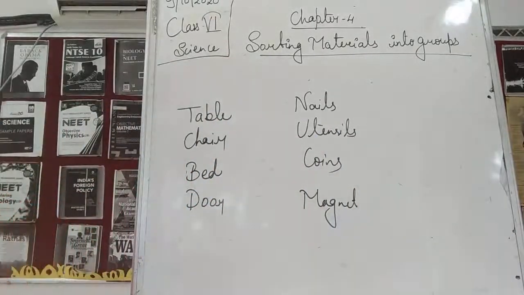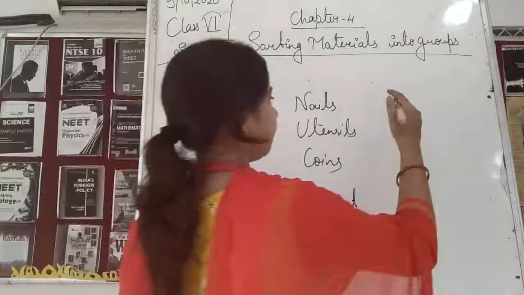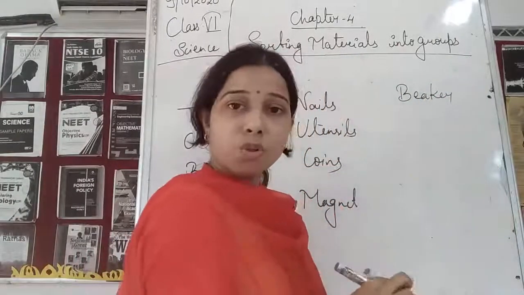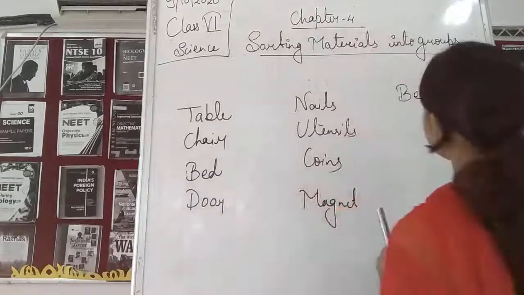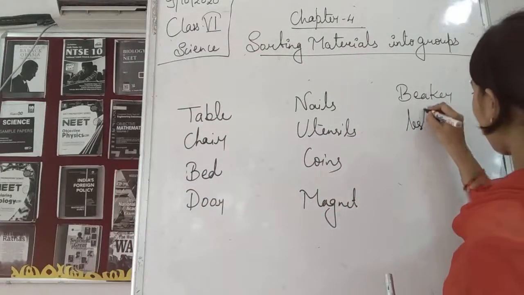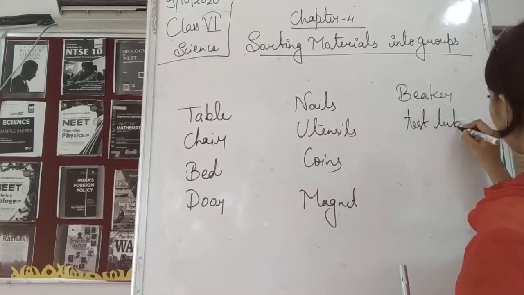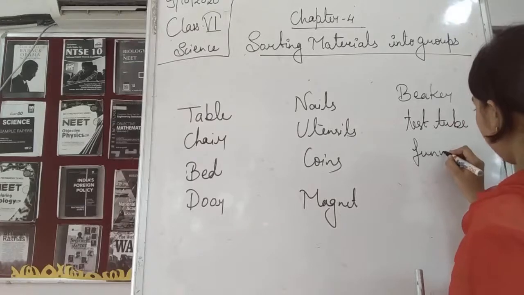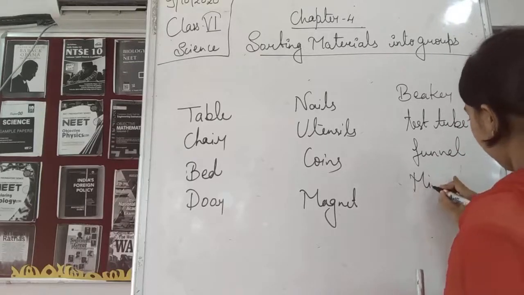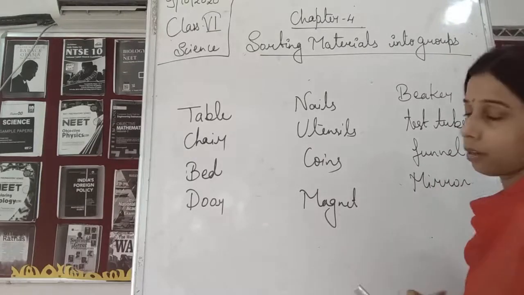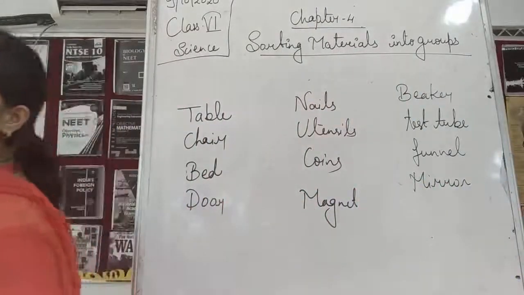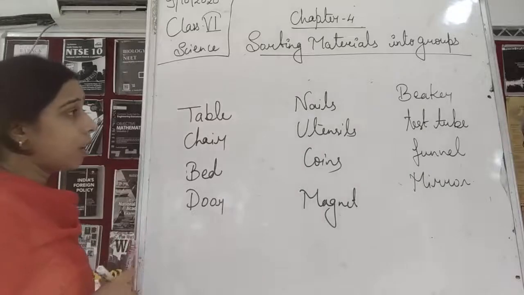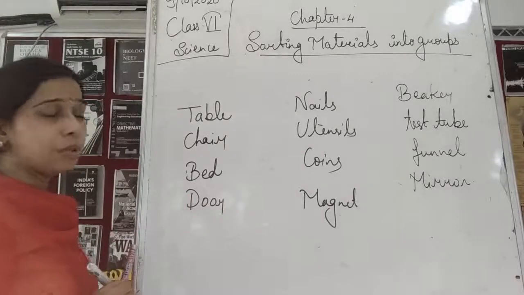Then the next one is beaker, test tube, funnel, mirror. If all these different examples have been given to you, then how can you differentiate between these three?